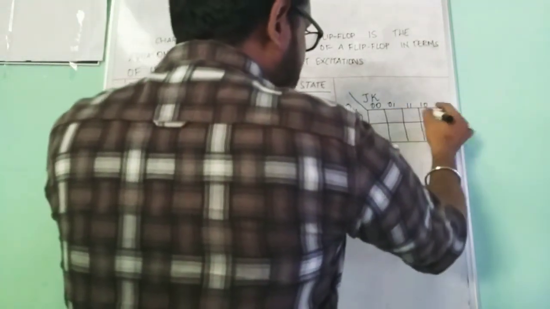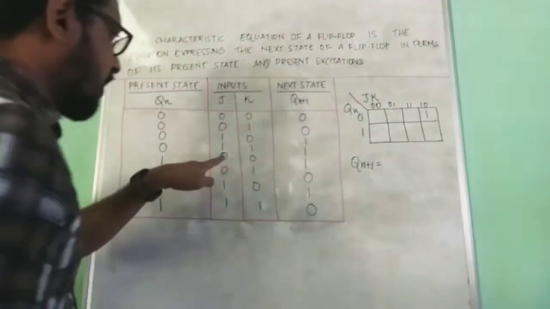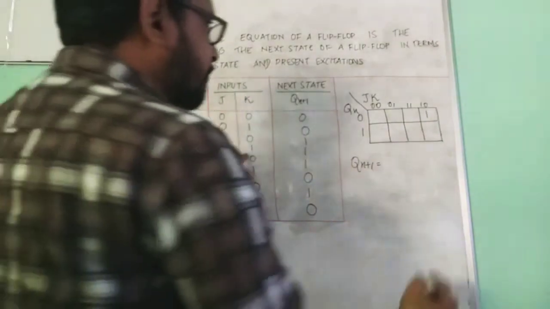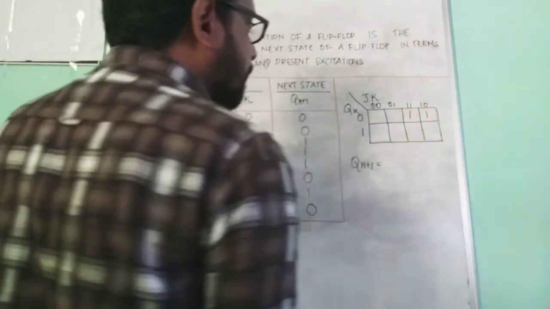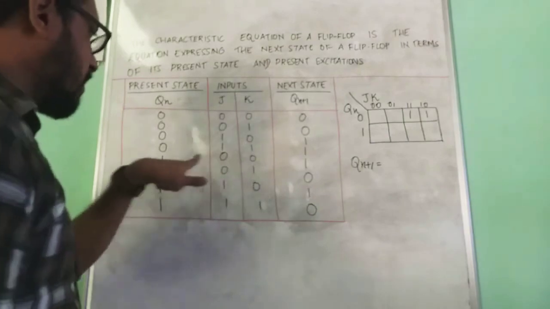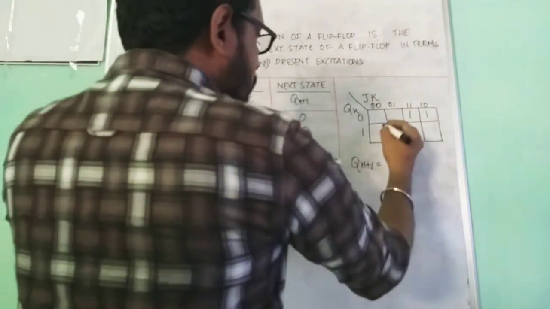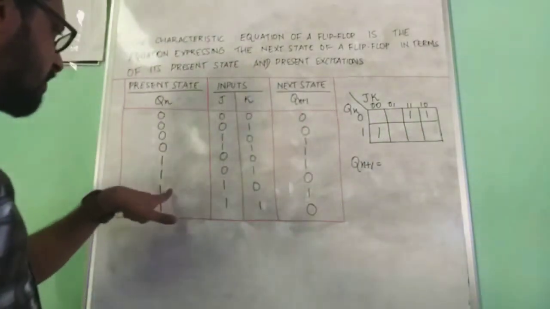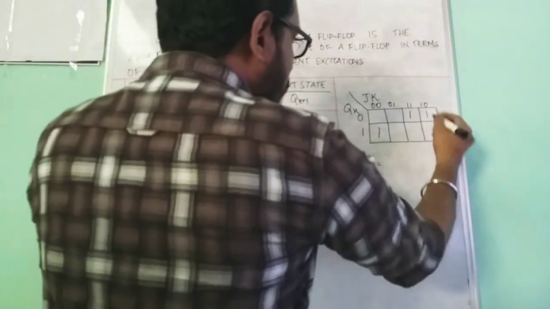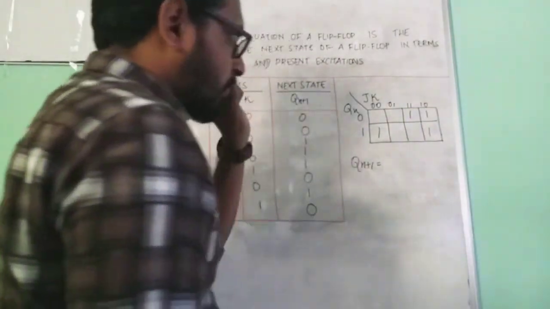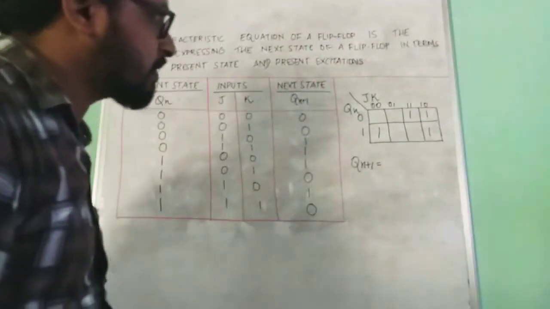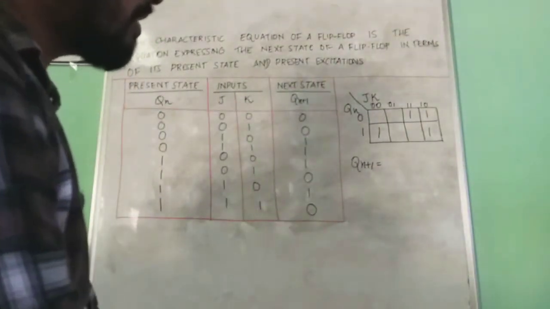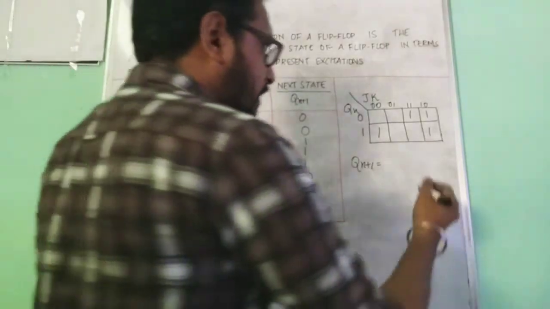That is this case. Here we put a 1. Next is 0 1 1. Got it? Next is 1 0 0. Next is 1 1 0. Let me check. Yes, it's correct.